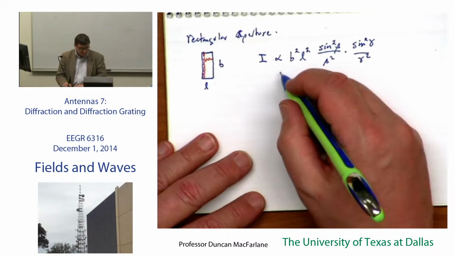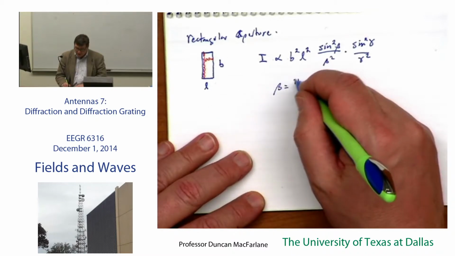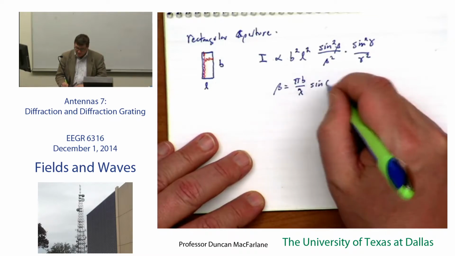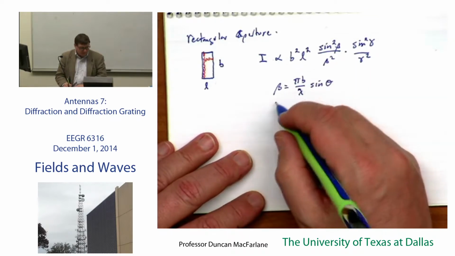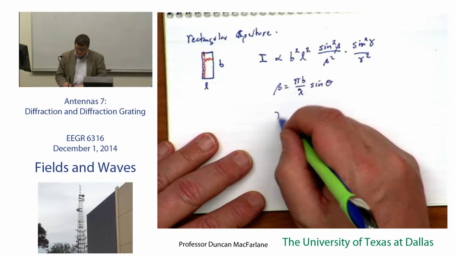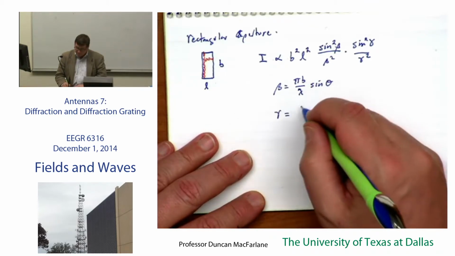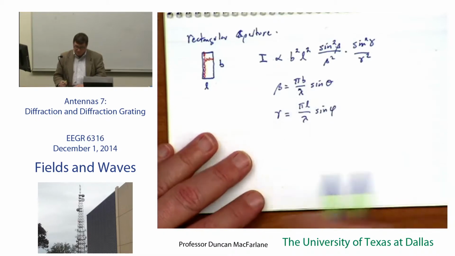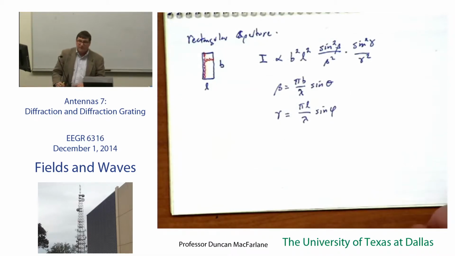So beta is pi b over lambda sine theta, and gamma is pi L over lambda sine phi, perpendicular angle.